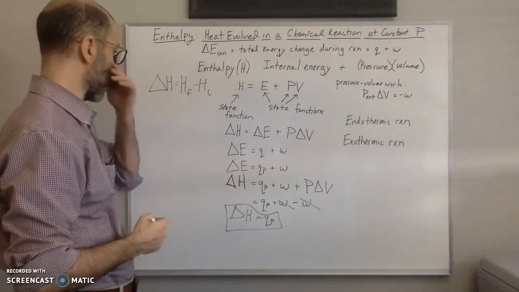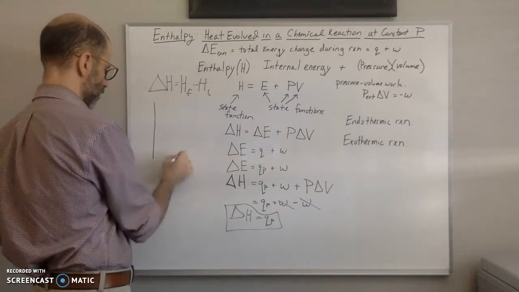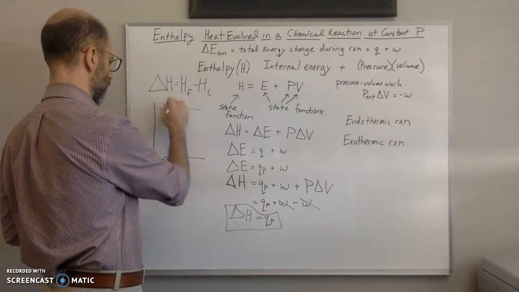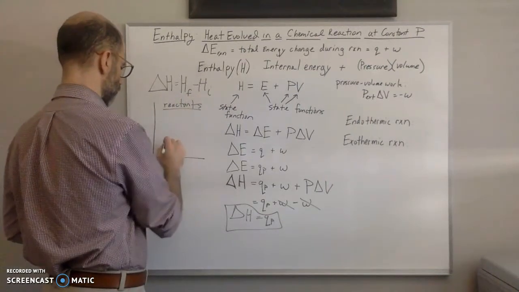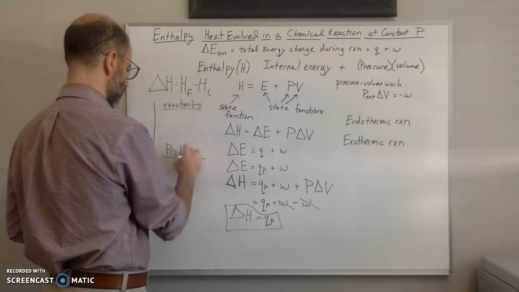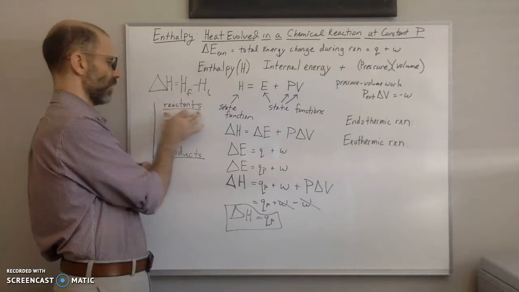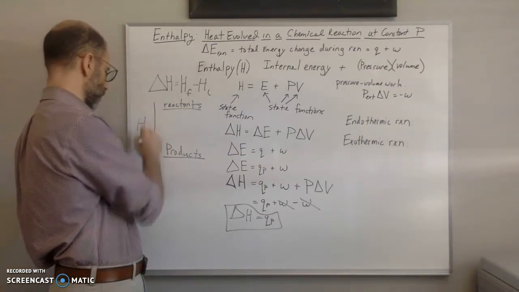And so if we go back to our energy diagram, right? Maybe we have reactants up here, and we have products down here. So you start with higher energy, and so maybe this is enthalpy.